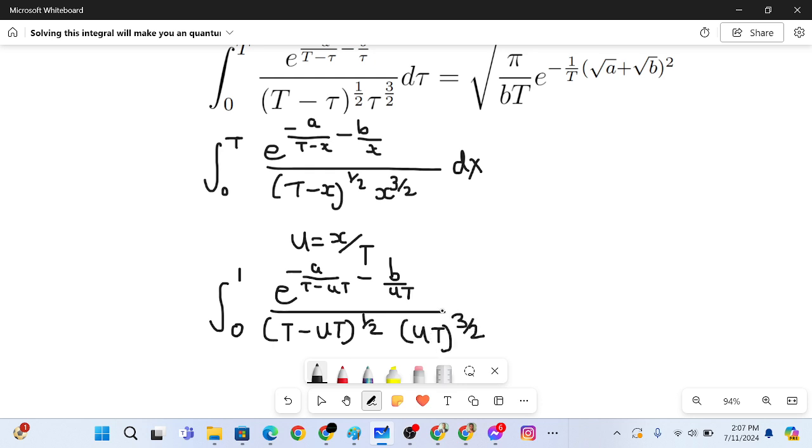Now since x is ut, the dx will be t times du. Okay, looks good.